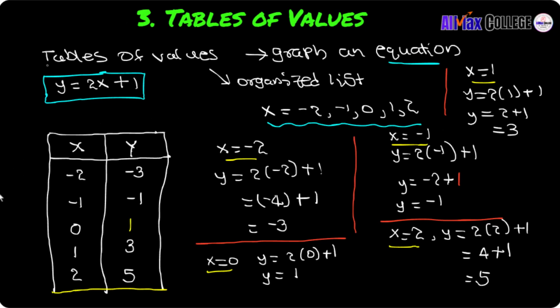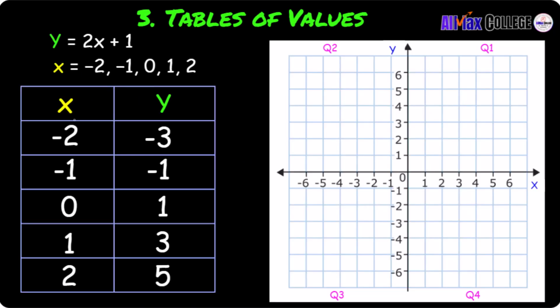Here is the snapshot of what we have done with that equation and the values of x. Let us put y for all the answers for each value so that it is not confusing.